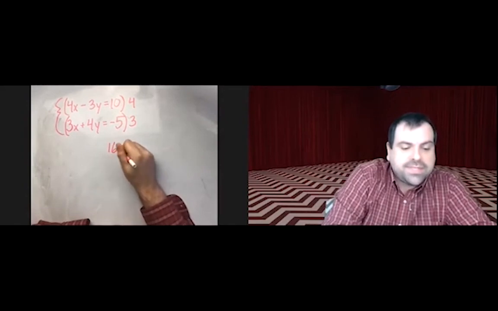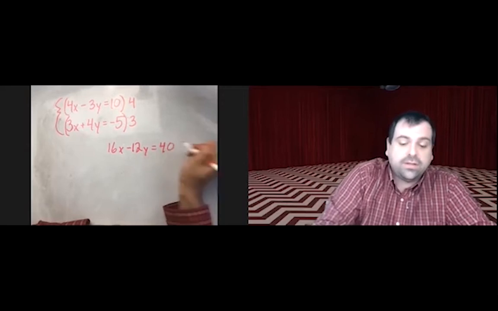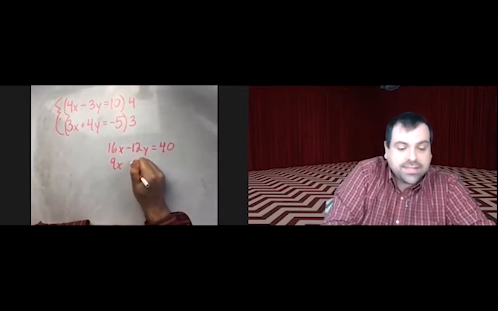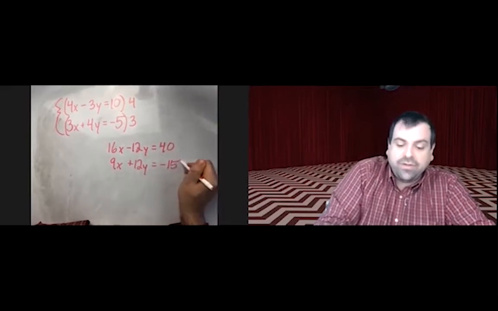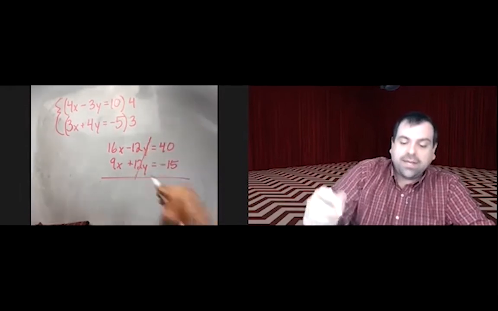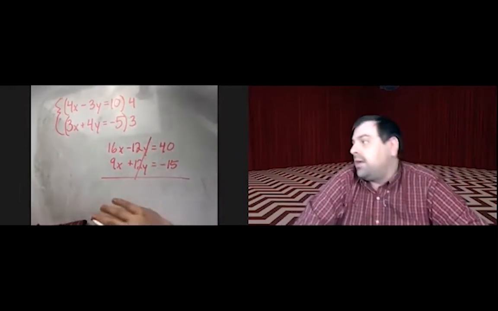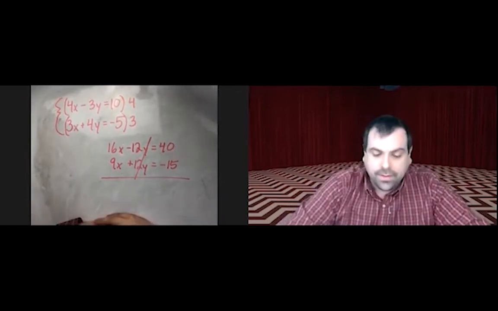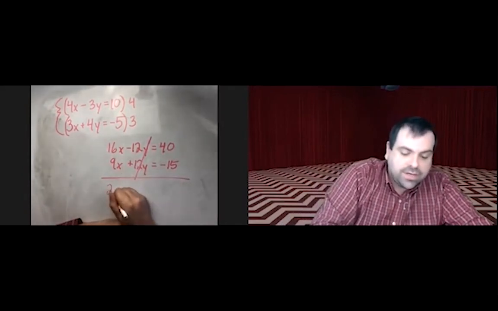First equation becomes 16x minus 12y equals 40. Second equation becomes 9x plus 12y equals negative 15. And when we add them together, the y's are now gone. Minus 12y plus 12y cancel away. 16 plus 9 is 25.